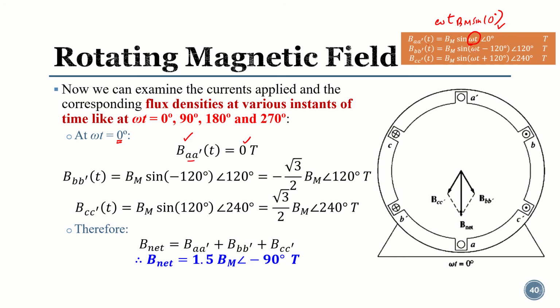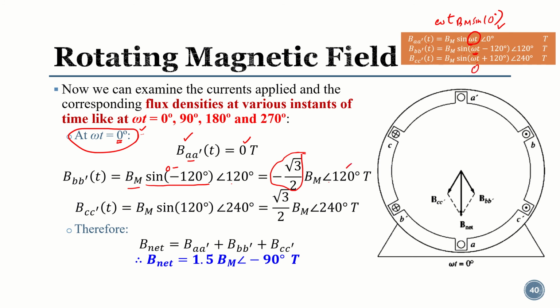Similarly, if you put omega t equal to 0 here, because we are analyzing for the position of 0 degrees, it will be sine of 0 minus 120 degrees, with an angle of 120 degrees. The sine of minus 120 degrees is basically minus radical 3 over 2. Bm is a constant, with an angle of 120 degrees.